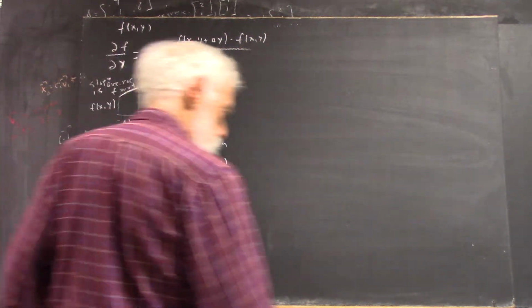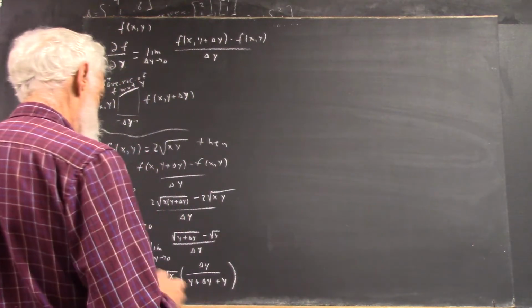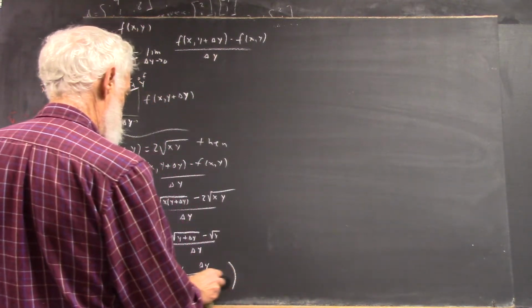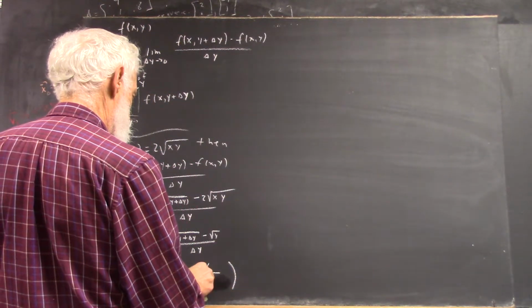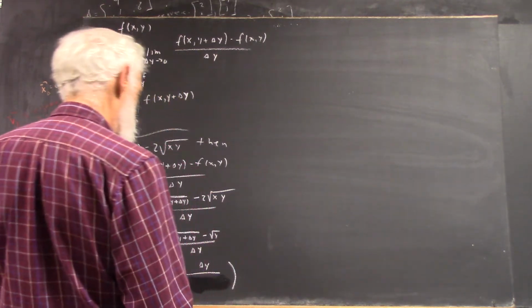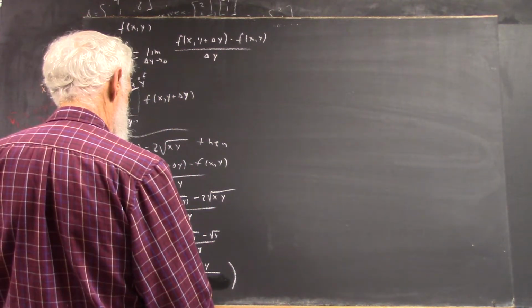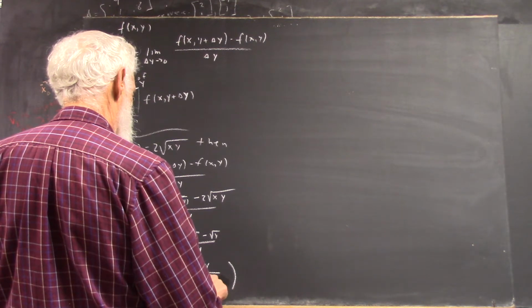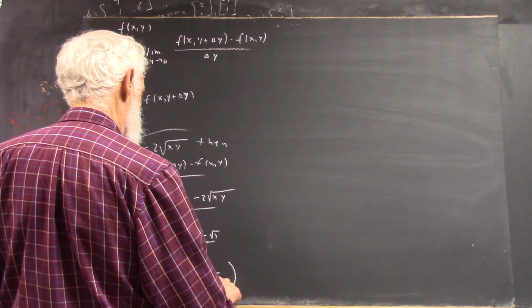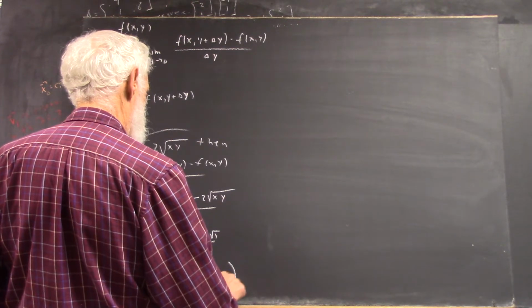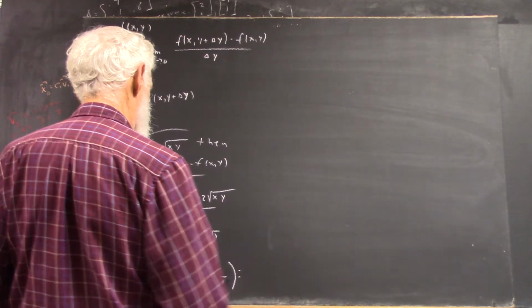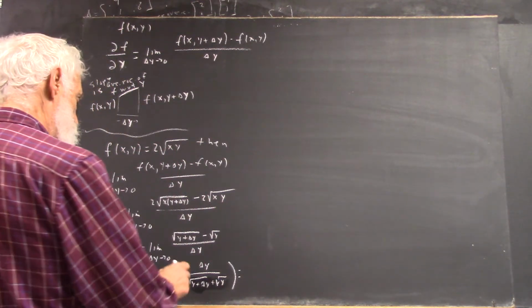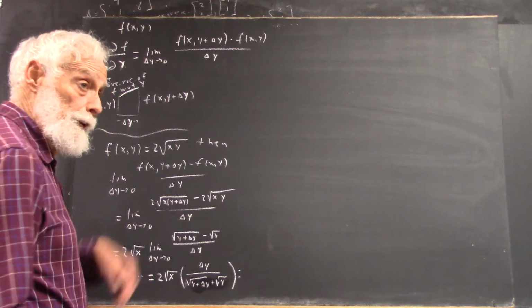you know, and I'm doing my algebra in my head, not doing it right. Probably should have left myself more room, but we're going to have the square root of y plus delta y plus the square root of y. That's still the limit, and I forgot to write that in.